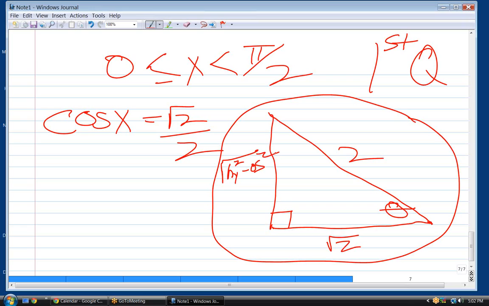In other words, every side is the square root of something, and inside the radical sign are the squares of the other two sides. So rather than go all the way back to the beginning of the Pythagorean theorem, I say it's the hypotenuse squared minus the other side squared. That's the square root of 2. It's a lot faster.